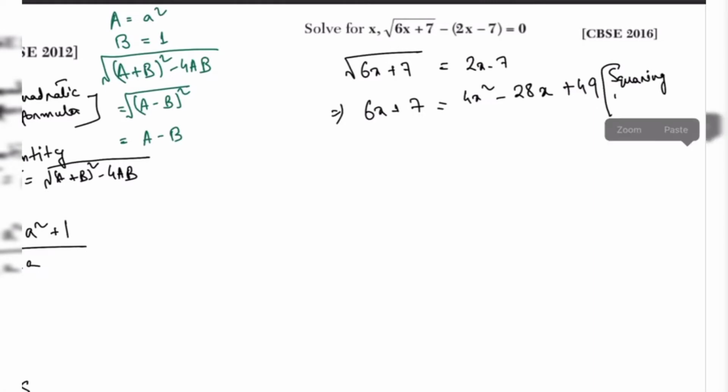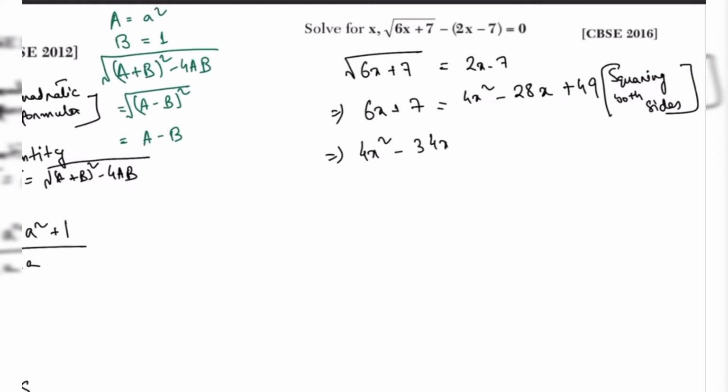Squaring both sides, which gives us 4x square minus 34x plus 42 equals 0, which again allows us to bring it down to twice x squared minus 17x plus 21 equals 0.